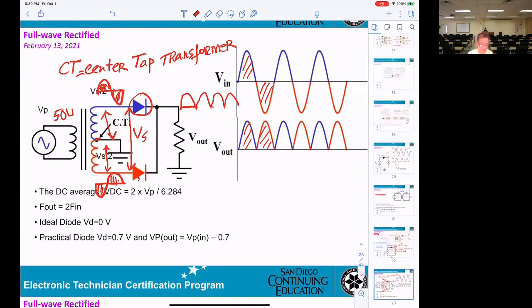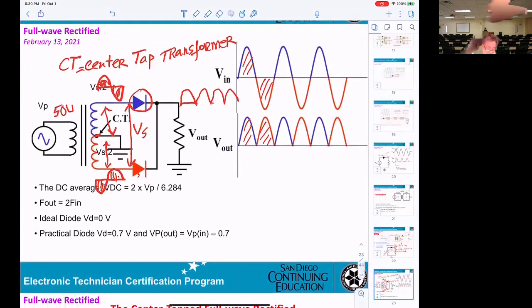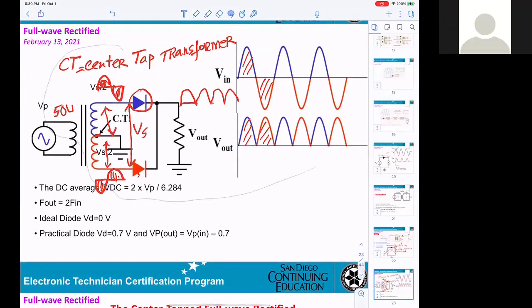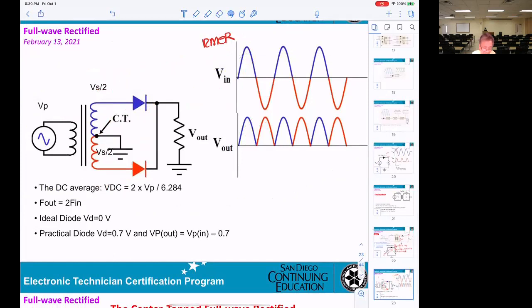Finally, when you're looking into the output here, this is the output of the full wave rectifier. So whatever voltage you get is minus 1.4 because each diode is 0.7. Exactly. Now, they're already telling you here the DC average. We don't care about the DC average.